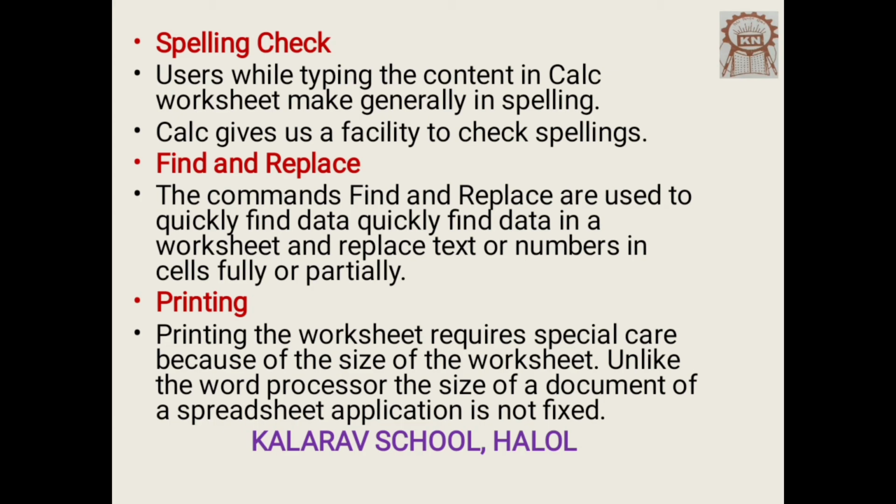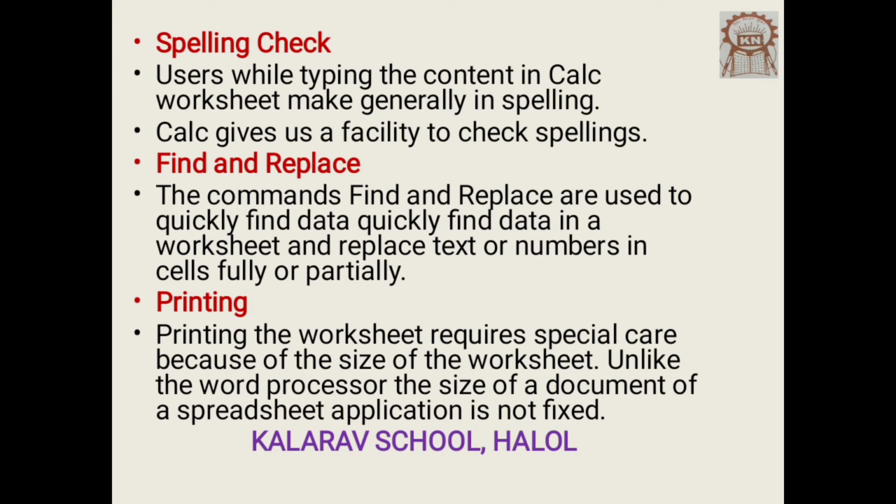The words spelled incorrectly will be underlined with a red line, provided the spelling check toggle button on the toolbar is turned on. As you type something wrong, the word is highlighted with a red underline.